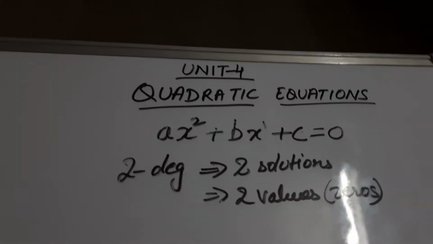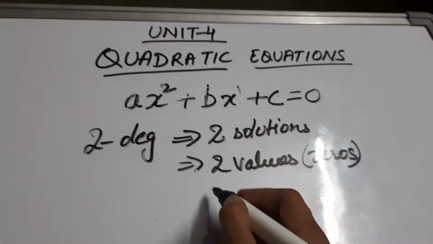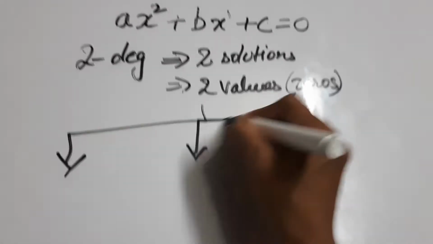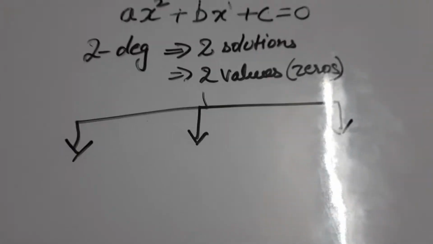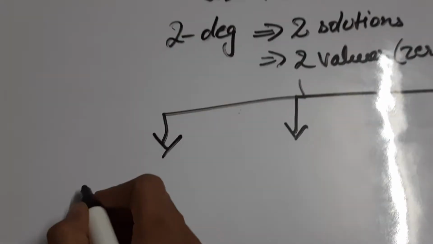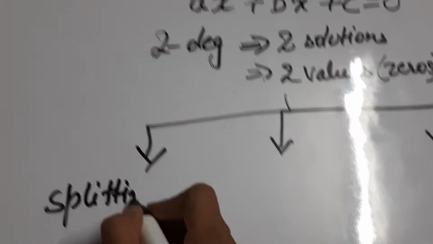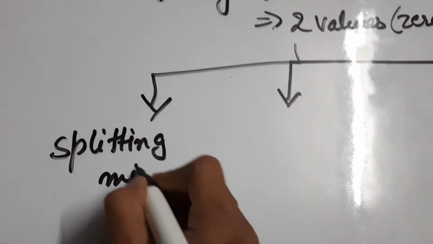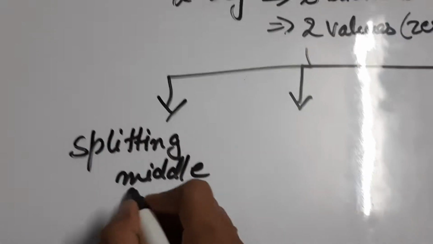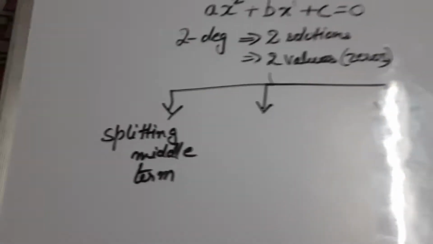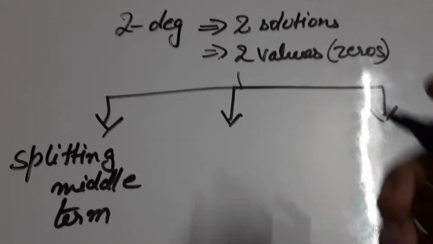Now to solve the quadratic equation, we are going to learn 3 methods in this chapter, dear students. The first method, you are all familiar with: the splitting middle term method. You learned this method in 8th class.